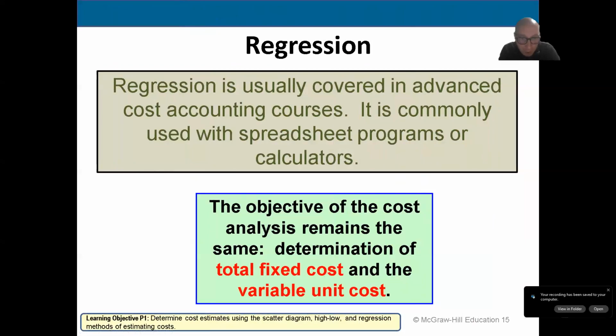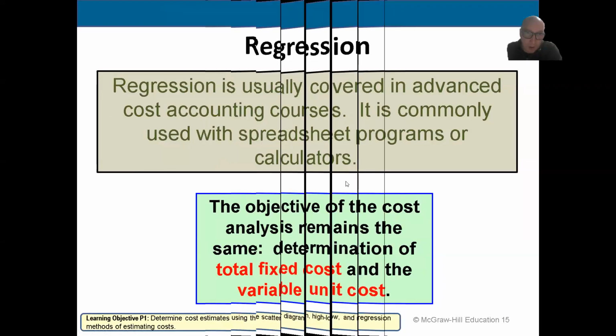So that's high-low. And then regression analysis, or linear regression, is covered in advanced accounting courses. But just so you know, we usually use something like a spreadsheet or a graphing calculator. And of course, the objective is to determine the total fixed cost and the variable cost per unit.